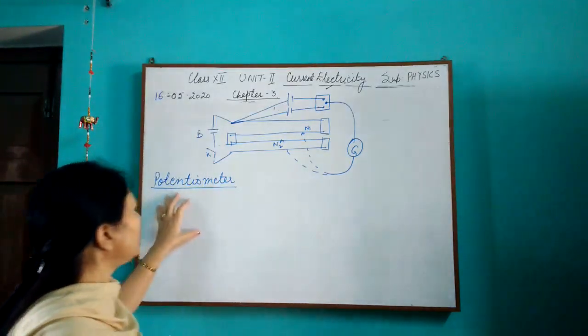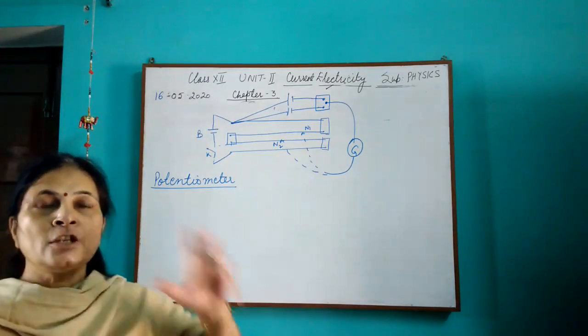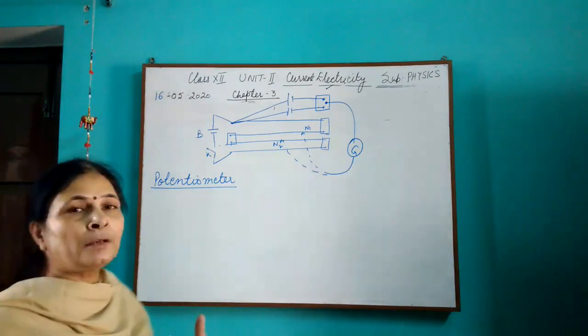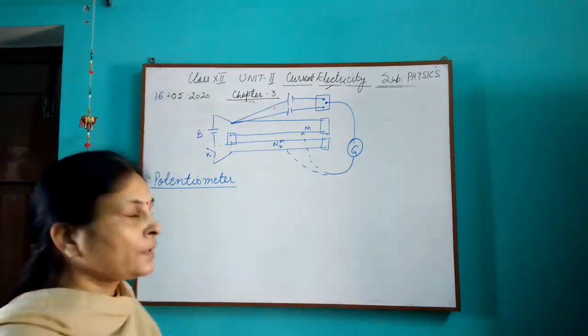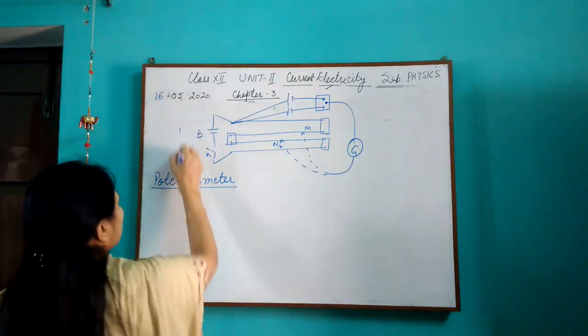So what actually is a potentiometer? See, it is again an arrangement of wires of a given length. Say in the laboratory we usually have 4 meter length, spread over a wooden surface. Like this is a wooden surface, for example.